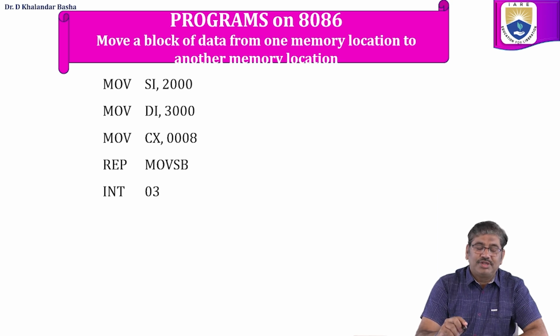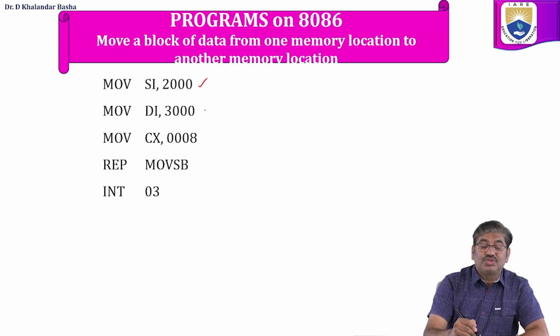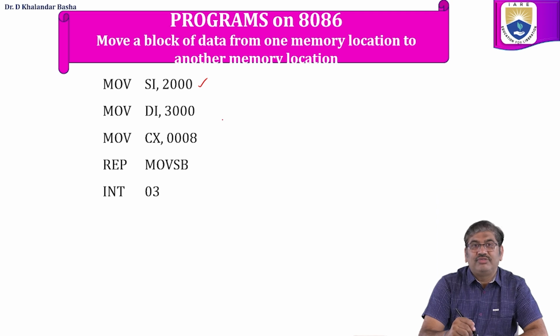The source string, which is at 2000H, will be loaded into the SI register by using the instruction MOV SI, 2000H. The target string location, which is 3000, we are going to load into the DI register by using the instruction MOV DI, 3000H.